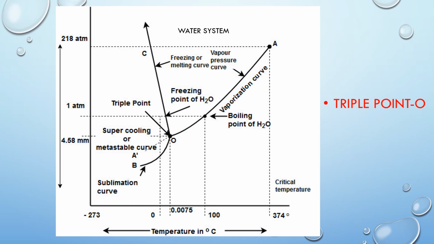Since three phases coexist, the system is invariant. The number of degrees of freedom is zero. That is, neither pressure nor temperature can be altered even slightly without causing the disappearance of one of the phases.